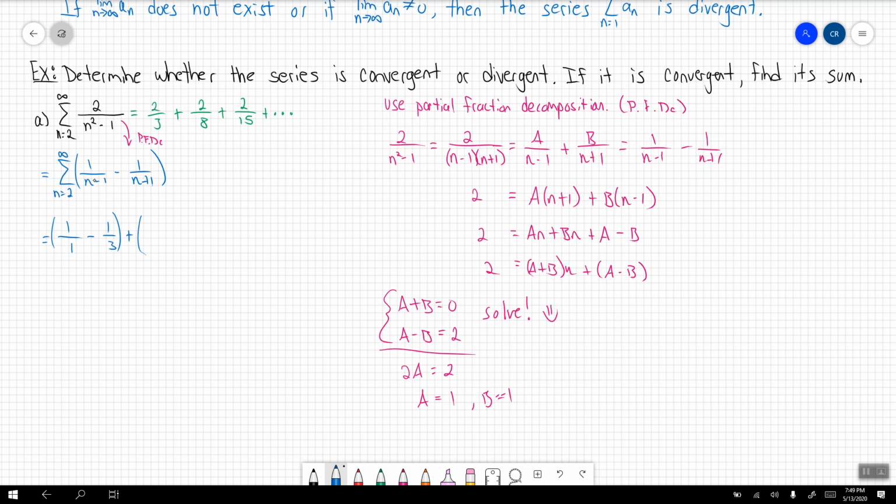Second term, n is equal to 3, so that's going to be 1 over 2 minus 1 over 4. All right, let's go to the next term. n is equal to 4, so this is going to be 1 over 3 minus 1 over 5.